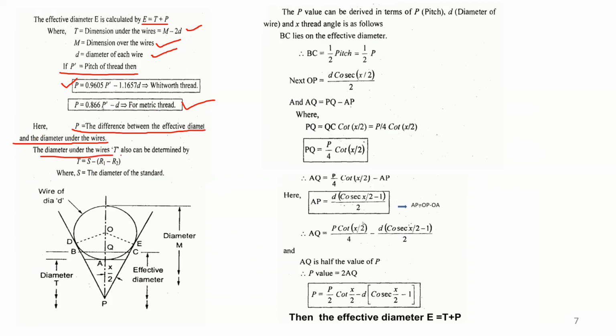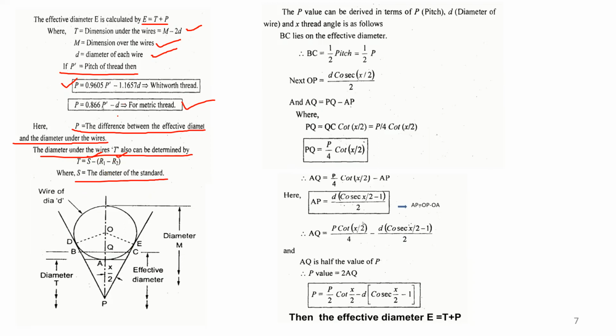The diameter under the wires can also be determined by using this formula: T is equal to S minus R1 minus R2, where S is the standard gauge diameter, R1 is the reading over the standard gauge, and R2 is the reading over the wires.